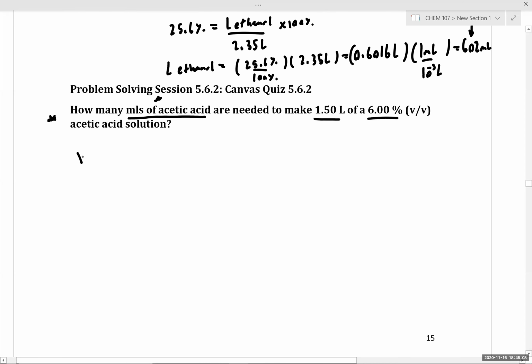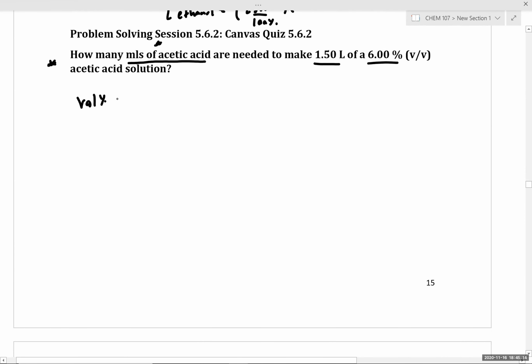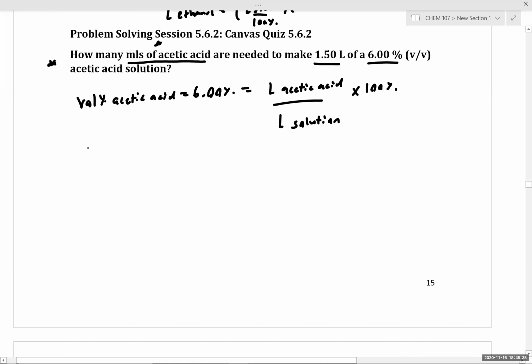Okay, so we know that for our volume percent, in this case, we're looking at the volume percent of acetic acid, which is equal to 6.00%. That gives us the liters of acetic acid over the total volume in liters of solution times 100%.